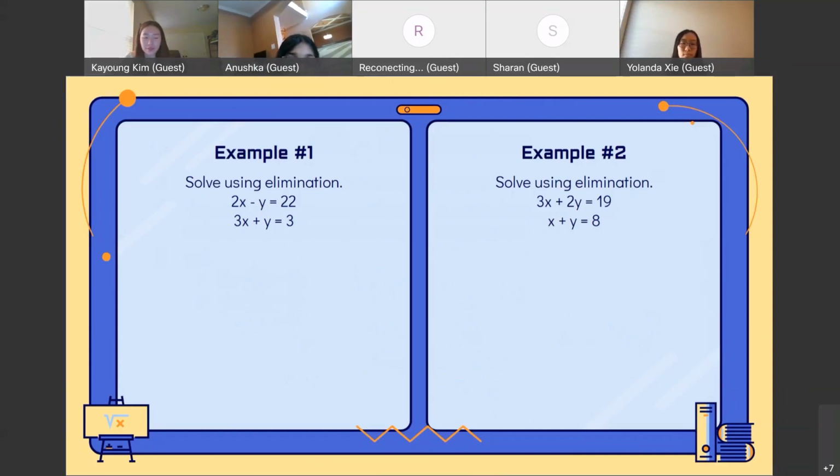Solve using elimination. So first, I see that there's this -y, and then this +y. So what happens if I add the equations together? Well, on the right hand, it'd be 22 plus 3, which is 25.